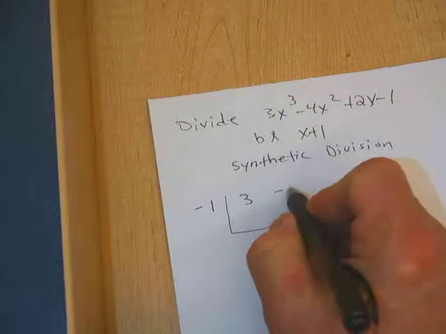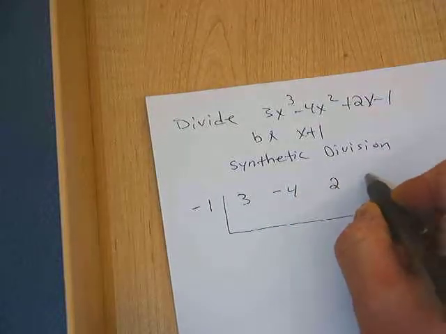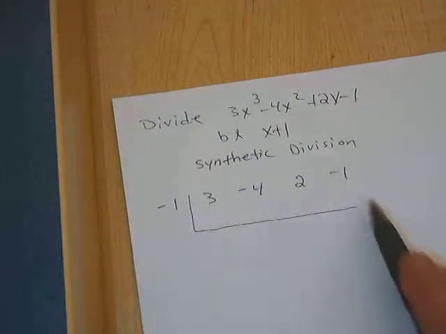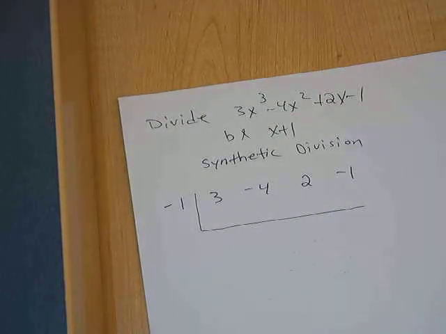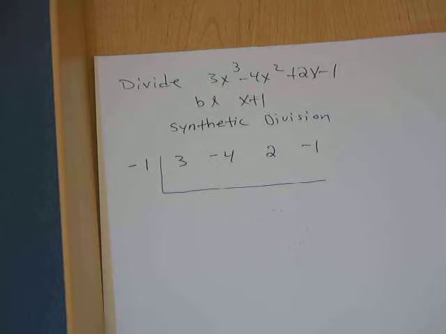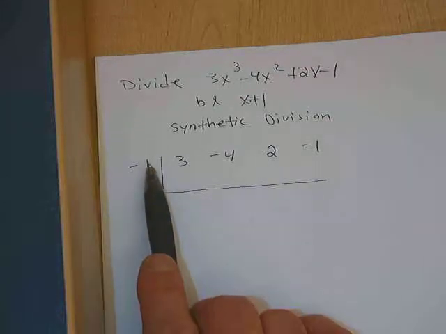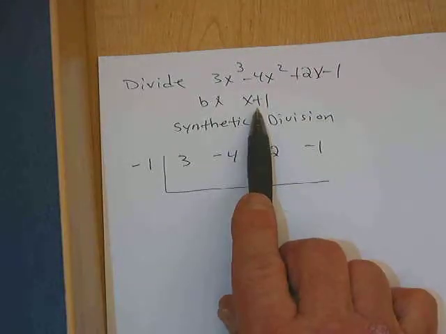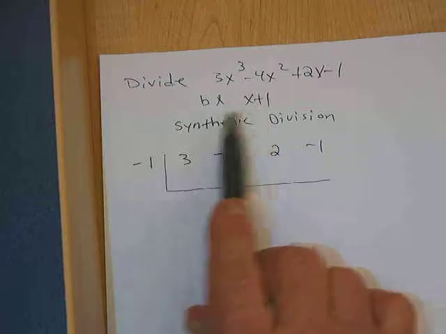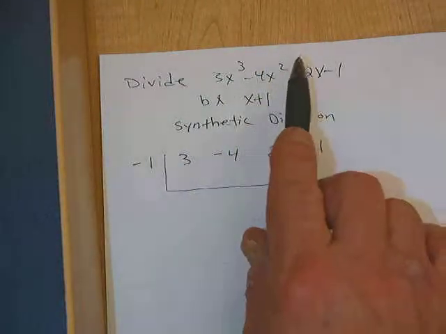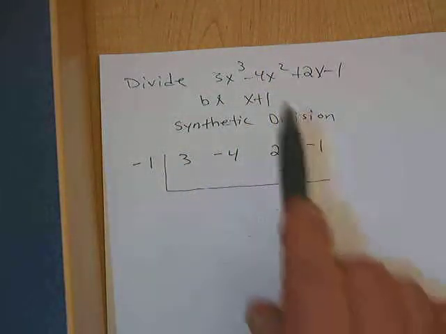And we put in here the coefficients from the polynomial we're dividing into. Okay? So do you see where these numbers are coming from? First of all, you use the 0 from the factor and the coefficients from the polynomial you're dividing into.